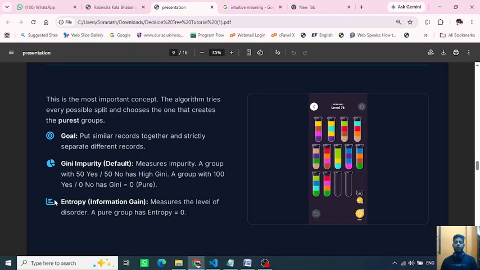There are two methods available for the decision tree to choose the right question. One is Gini impurity and the other is entropy. In most cases we use Gini impurity. It measures the impurity.